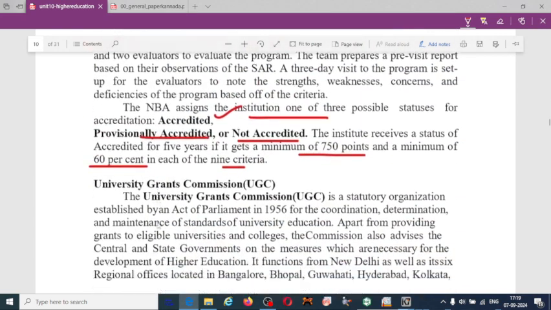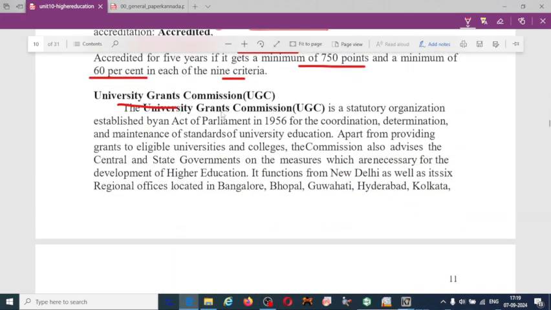University Grants Commission is the statutory organization established by the Act of Parliament in 1956 for coordination, determination, and maintenance of standards of university education. University education all comes under the University Grants Commission.